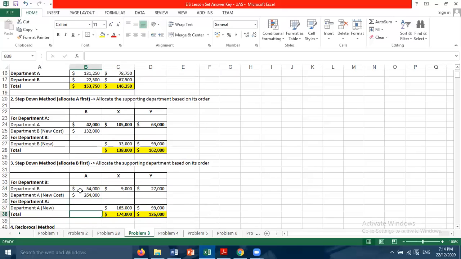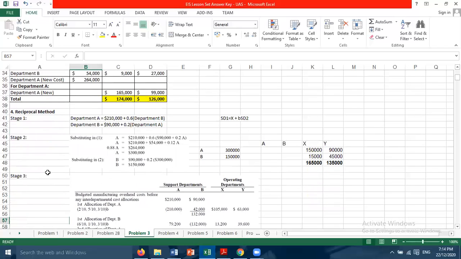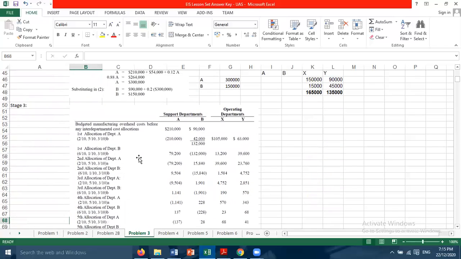However, in reciprocal method, this is usually the most detailed and accurate one. We allocate all the costs from each supporting departments to other supporting departments as well. So practically we bounce them back and forth. So we allocate A to B, right? And then B is allocated to A again.